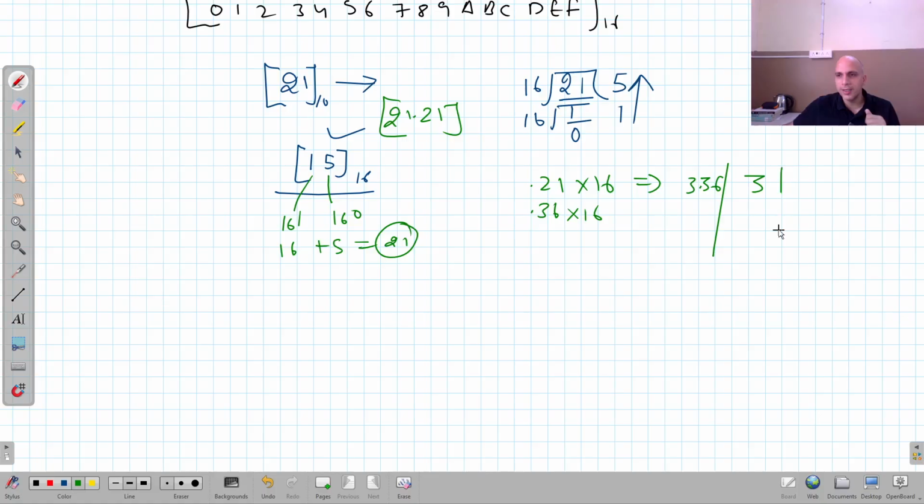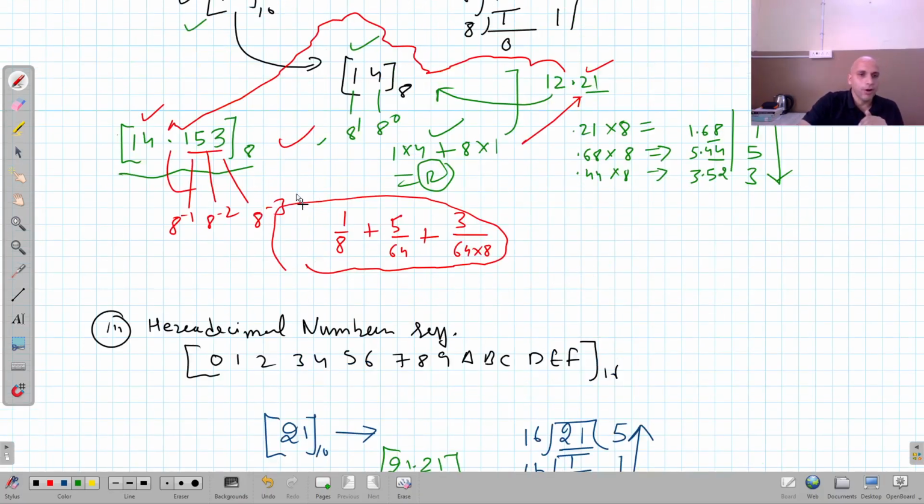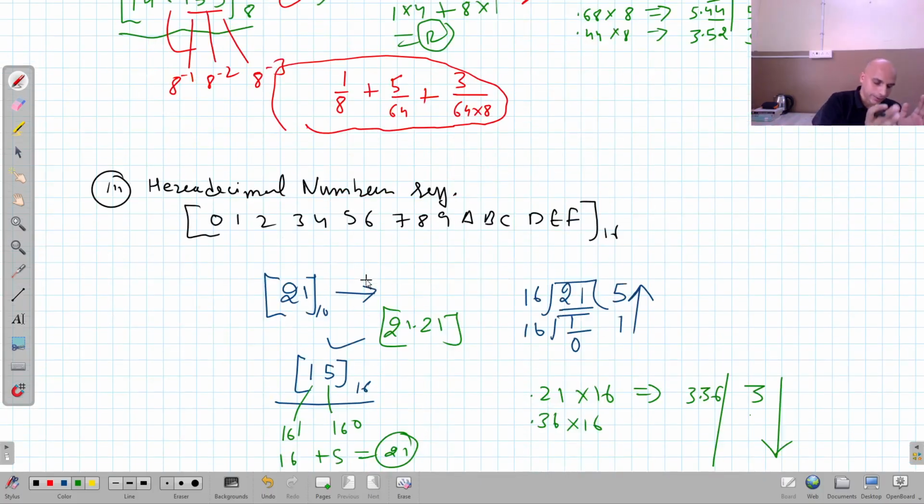You will keep on doing it, and whatever number you get here, you will record that. That number will be representing the fractional part in the same way as you did for octal number and binary number system. So these were very simple conversions of decimal to binary, binary to decimal, octal to decimal, decimal to octal, decimal to hexadecimal, hexadecimal to decimal.